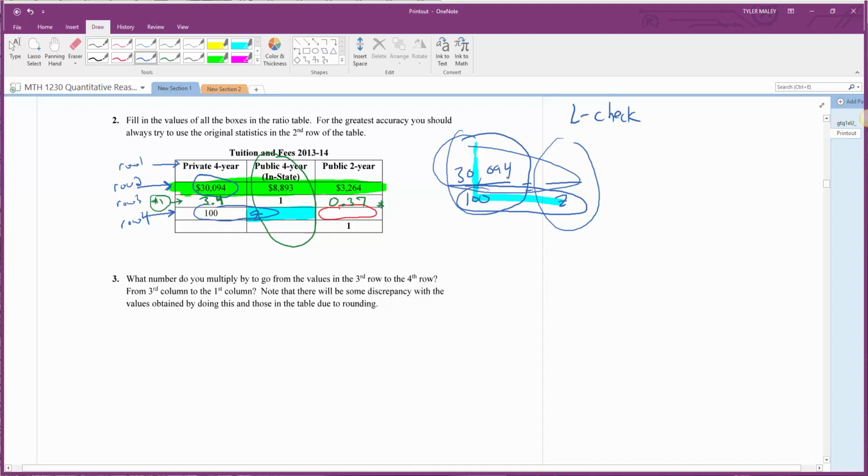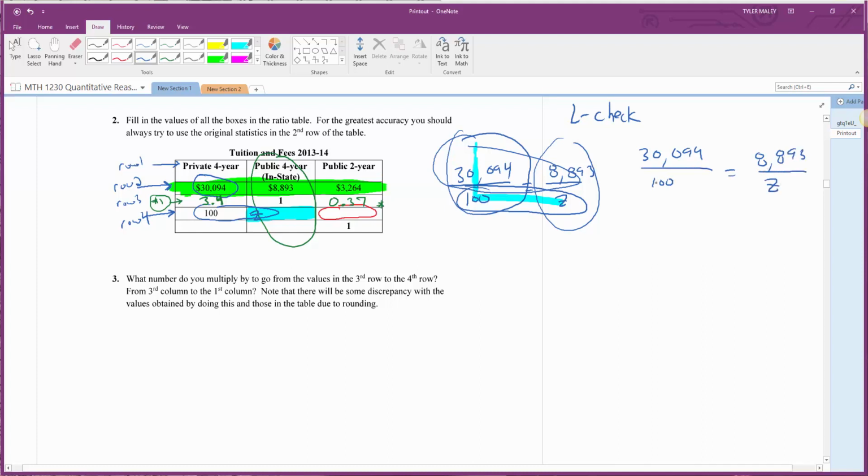So 30,094 is in row 2, and I need to pick the value that's in the same column as z but in this row also. That would be 8,893. So this would be my proportion: 30,094 over 100 equals 8,893 all over z.